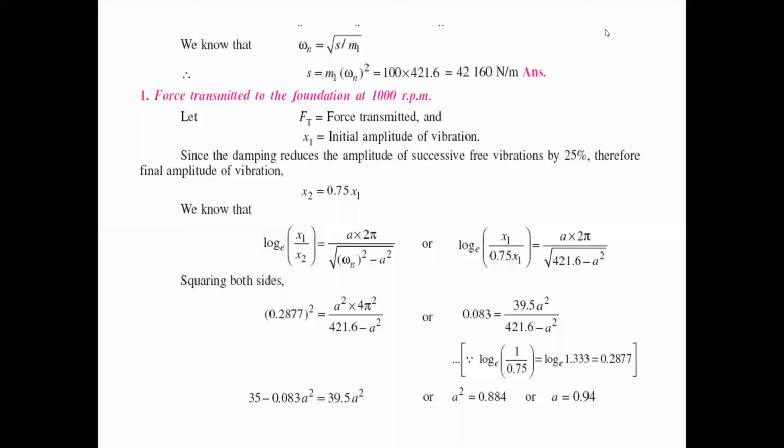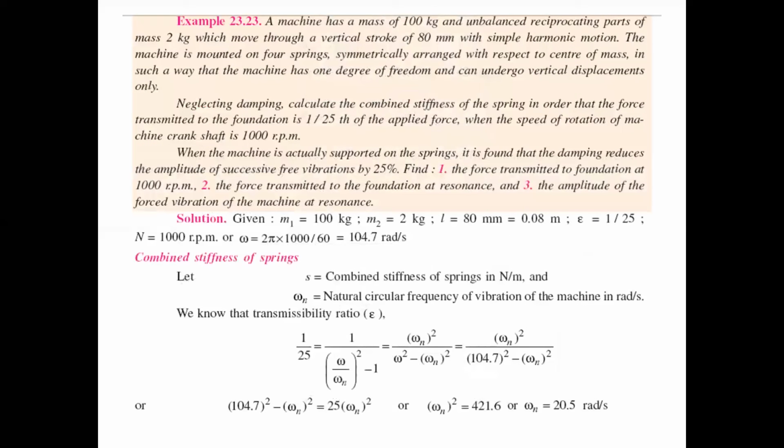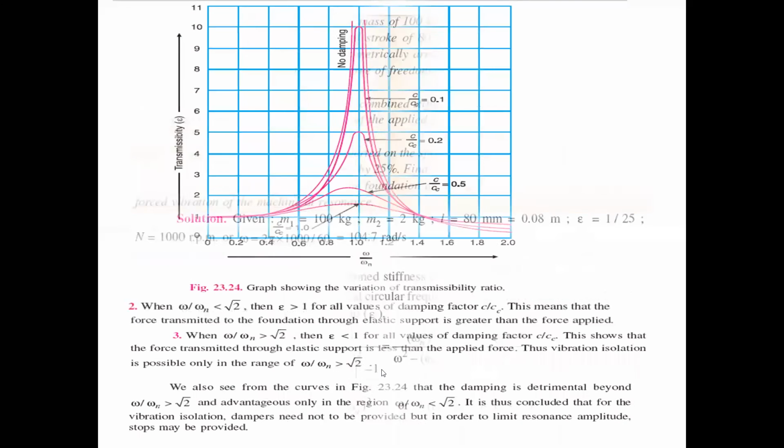Okay, someone raised a doubt. When we use the omega by omega n transmissibility ratio formula, when we consider small e equals 1 by omega n square minus 1, that we already discussed in the earlier session.